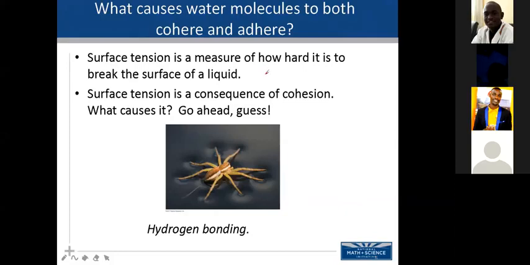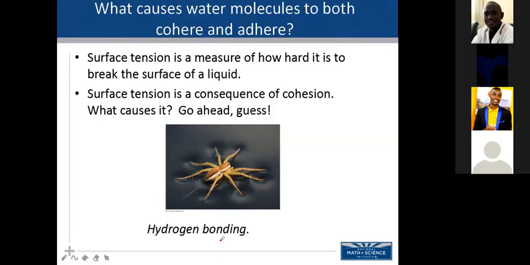Thank you for that question. So it's a series. What causes the surface tension is the cohesive forces of water. Water molecule to another water molecule attracts. But what causes that cohesion? It's the hydrogen bonding. So be very clear on that.